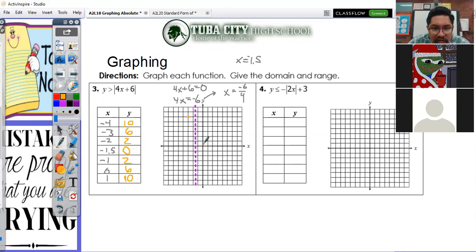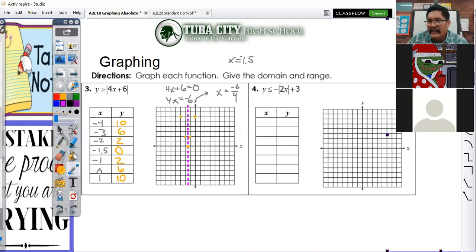And then negative 2, up 2, negative 1.5, 0, negative 1, up 2. And if you look at the graph, the function that we're graphing is really narrow. We have a really sharp graph then.